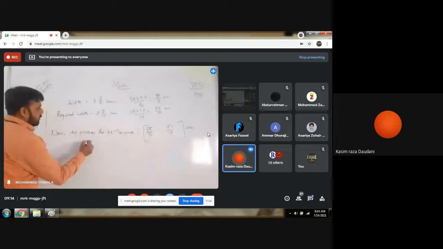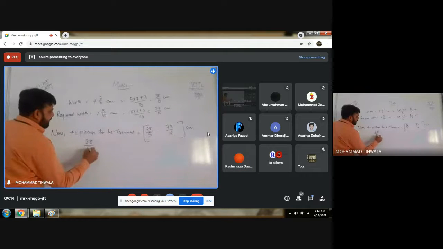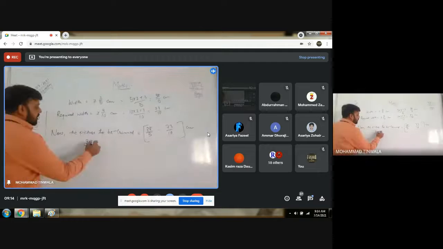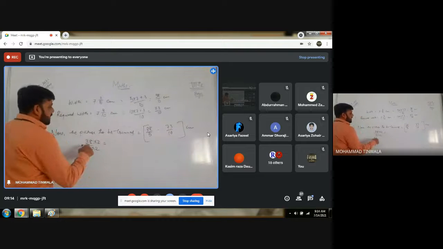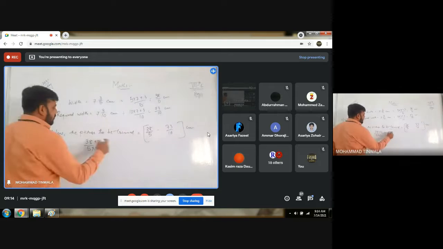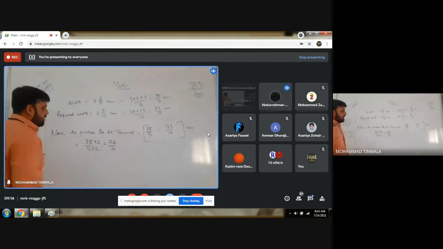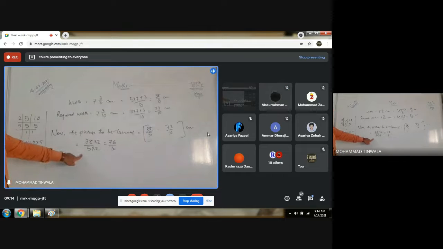Now 38 upon 5, to reach 10 will be multiplied by 2. So 38 multiplied by 2 gives 76 upon 10 for the first fraction. Am I correct or wrong?